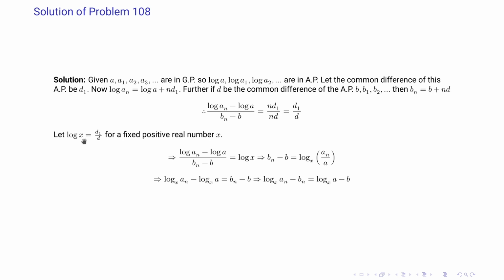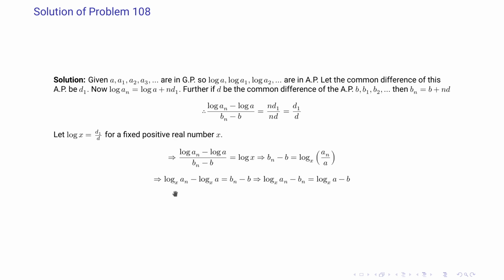Now we let log x be equal to D1 by D for some fixed positive real number x. Once we have taken this, the expression becomes log of an minus log of a by bn minus b is equal to log of x. That means we take out bn minus b over here, so it becomes log of an minus log of a by log of x, which implies it is equal to log of an by a with base x.